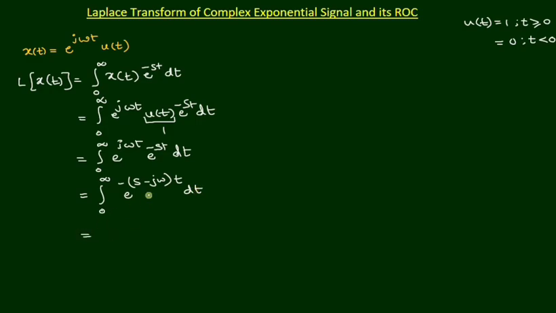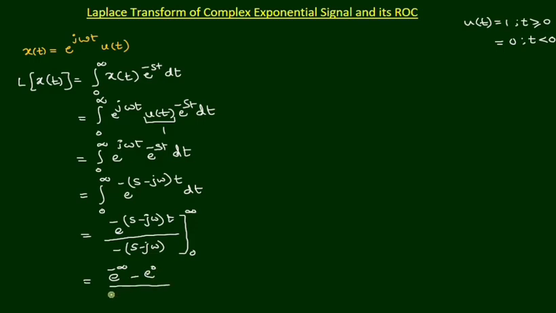Applying the integral to this exponential function gives us e power minus of s minus j omega into t divided by minus of s minus j omega over the limits 0 to infinity. After applying the limits, we get e power minus infinity as the upper limit minus the lower limit e power 0, divided by minus of s minus j omega.